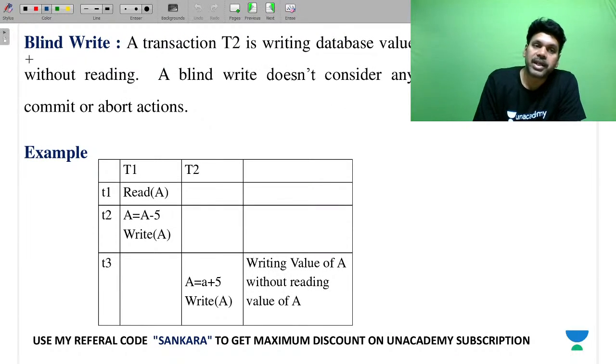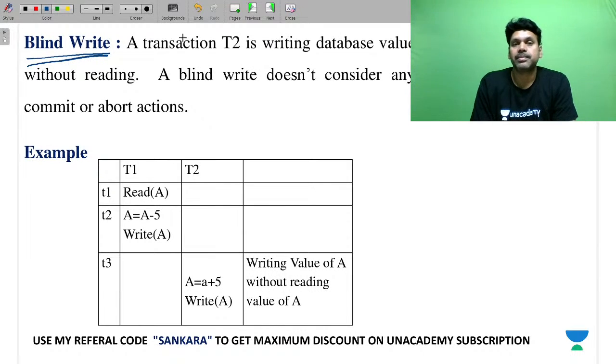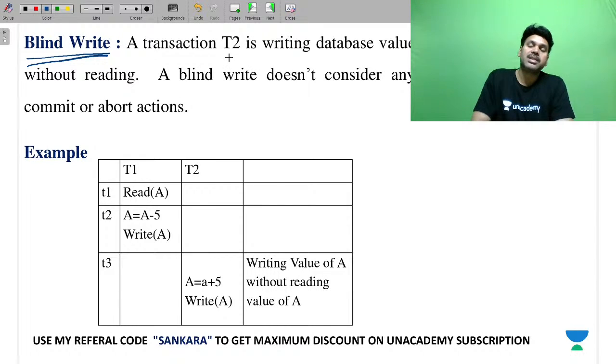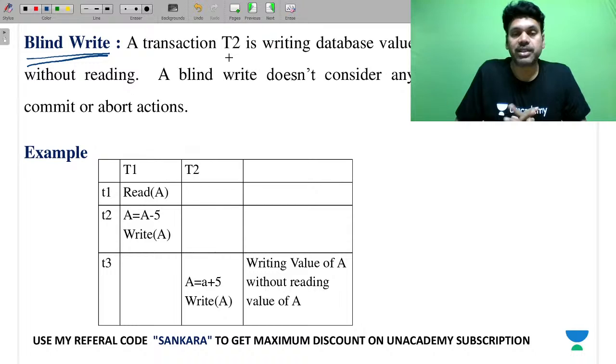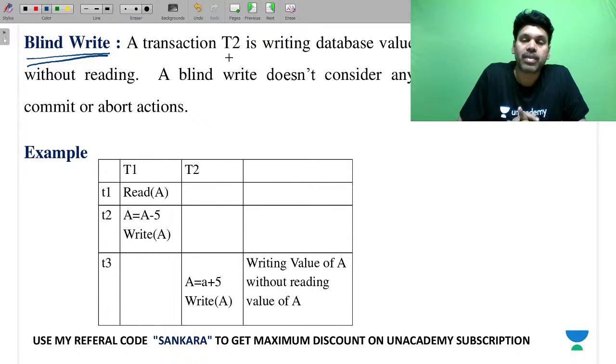What is the other kind of conflict? Blind write. So blind write is saying that a transaction is writing without reading an object value. Naturally, this is a realistic conflict which we see regularly. For example, you want to book tickets from some website where you can get the tickets online.